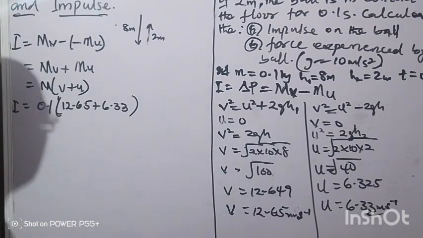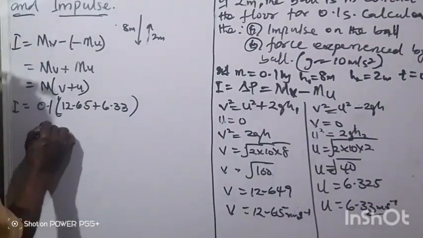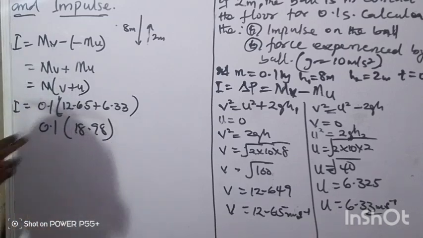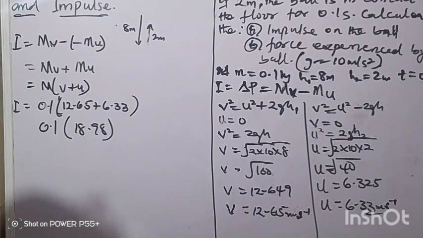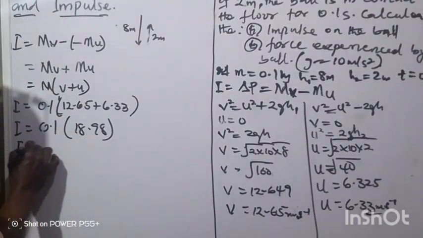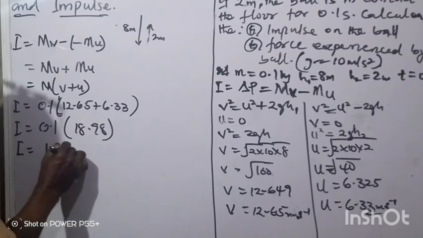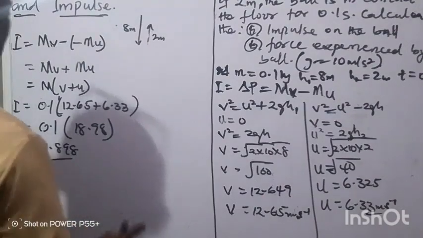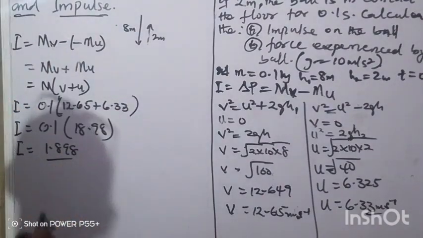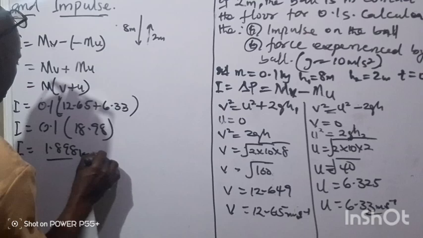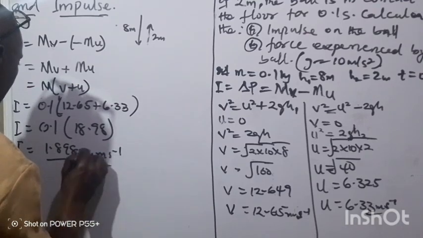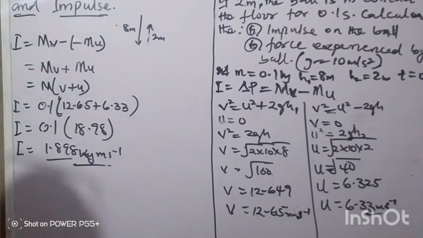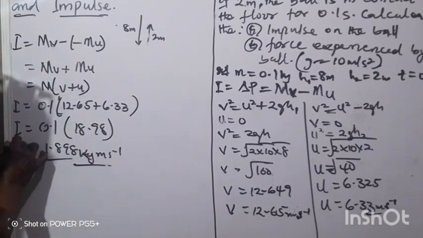That will be 0.1 into 18.98. Then multiply this one by 0.1. And the change in momentum, impulse, is equal to 1.898. According to the formula we use, the unit cannot be newton meter. It will be kilogram meter per second, due to the formula that we apply. That will be the change in momentum or impulse on the ball.